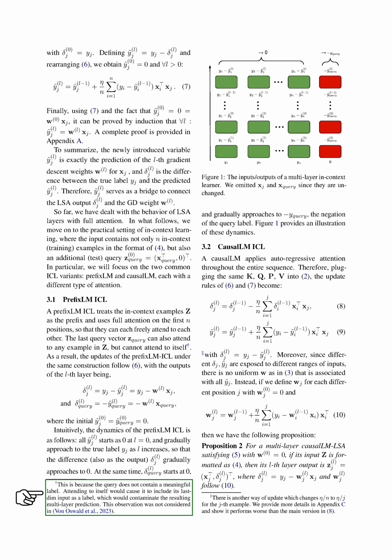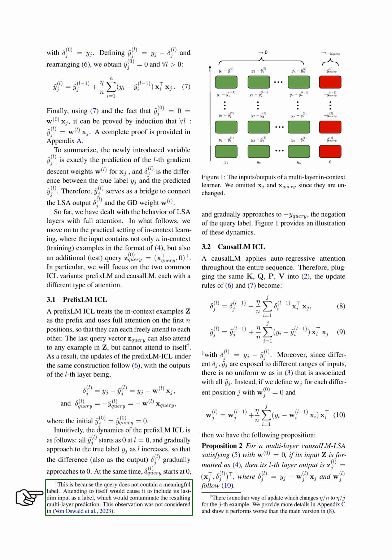Initially, all y_j_L start as 0 at L equals 0, and gradually approach the true label y_j as L increases, so that the difference, also the output, delta_j_L, gradually approaches 0. At the same time, delta_query_L starts at 0, and gradually approaches y_query, the negation of the query label. Next, we have the CausalLM ICL.